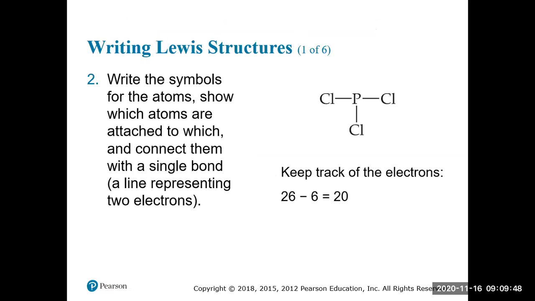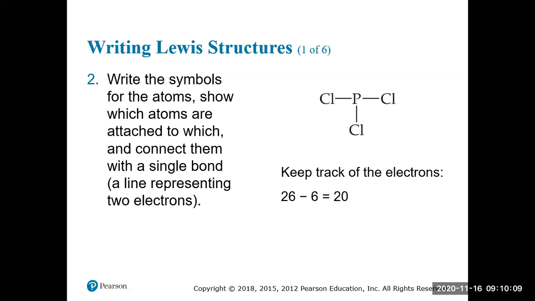The first thing we do is write the central atom, the phosphorus. Then we connect each of the chlorines to it and see how many electrons that takes up. In this case, we use a line to represent 2 shared electrons.